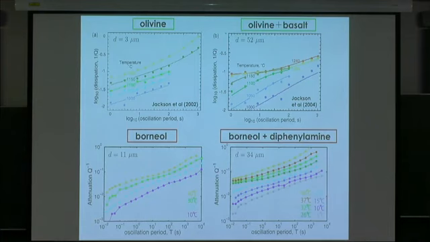Typical attenuation spectra are shown here for these samples as functions of period, and the color shows temperature. So attenuation spectra are similar between olivine and borneol, and between olivine plus basalt and borneol plus diphenylamine. So we consider that the underlying physics have something in common.